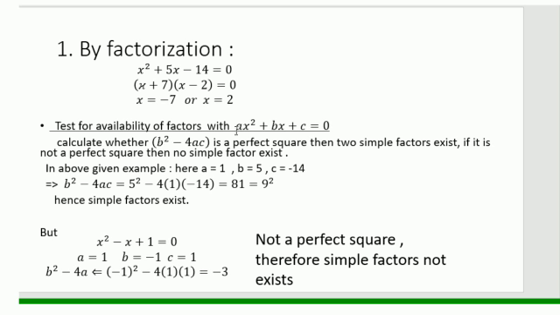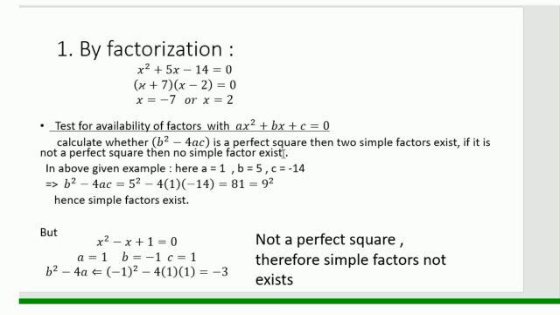If b square minus 4ac, the discriminant, is a perfect square, then two simple factors exist. If b square minus 4ac is not a perfect square, it means a simple factor does not exist.